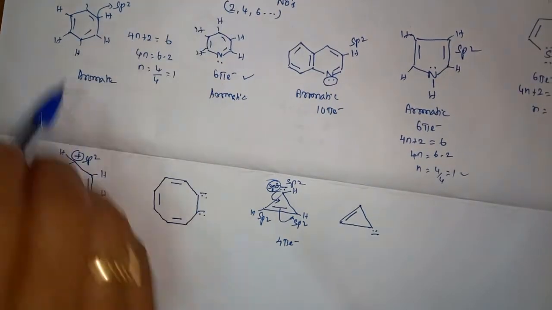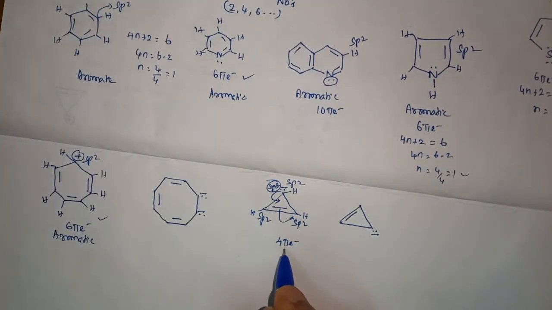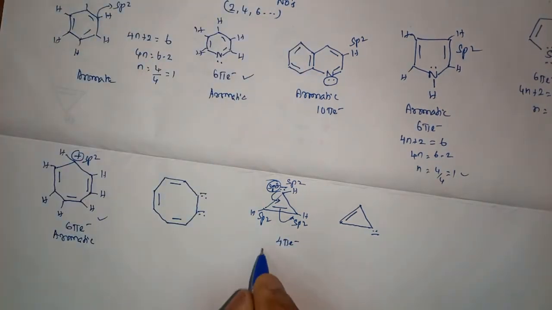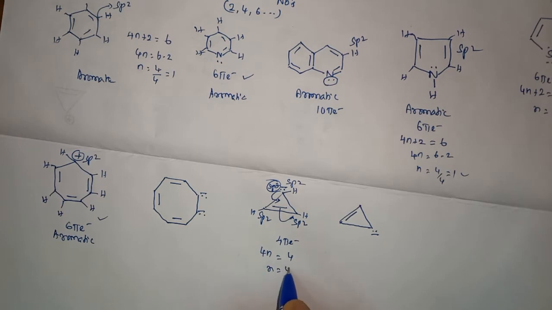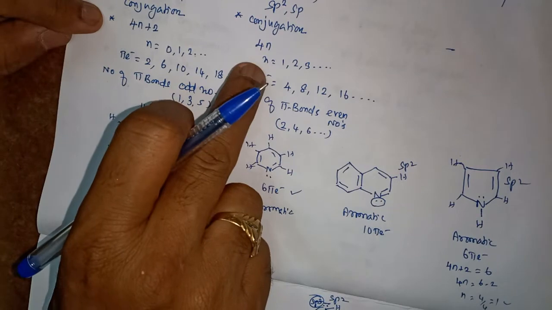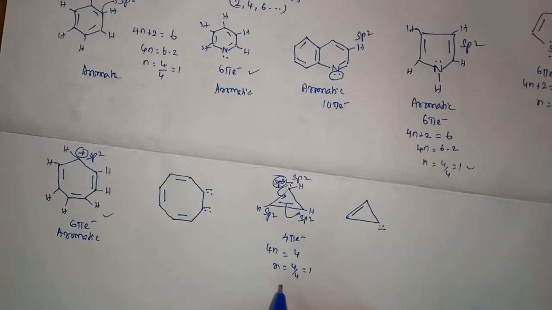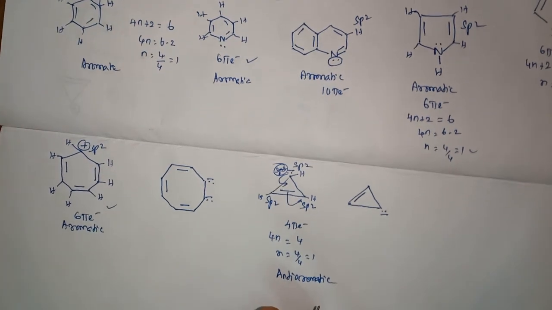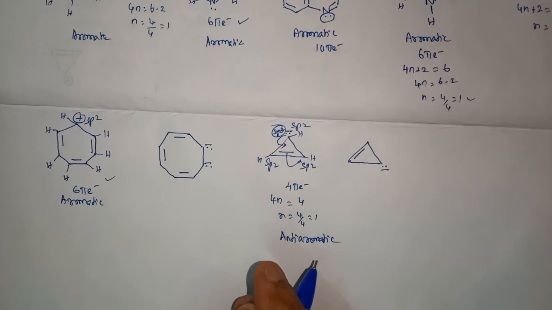If it is an even number of pi bonds, it does not obey Huckel's rule. It obeys the 4n rule. 4n is equal to 4, so n is equal to 4 by 4, that's equal to 1. So it is not aromatic, it belongs to anti-aromatic.